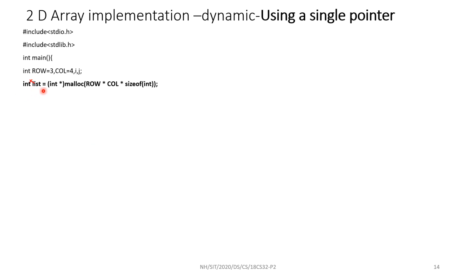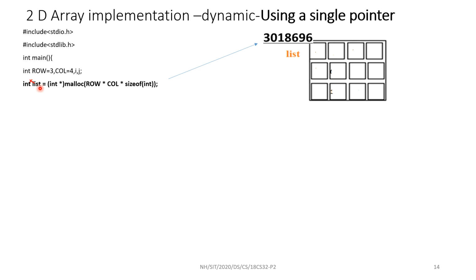Int star list equal to int star of malloc row into column into size of integer. This will allocate 3 into 4 into 4 memory locations: 3 rows, 4 columns, each requires 4 bytes. That many locations are allocated for this array, and the starting address is stored in list. The address is 3018696.